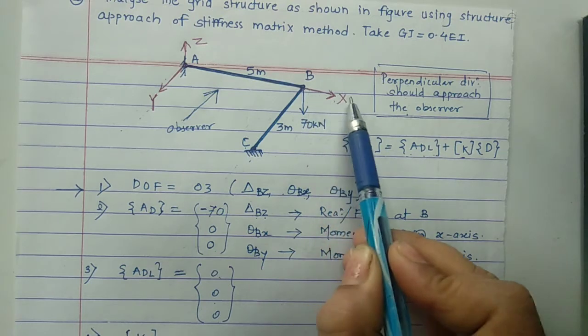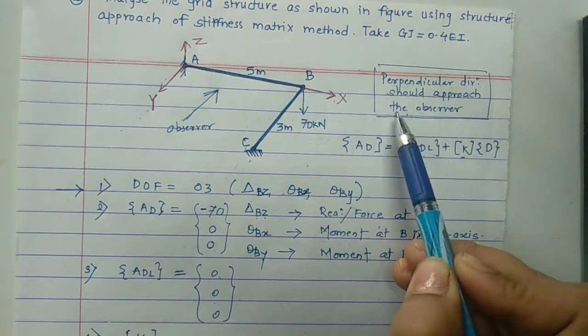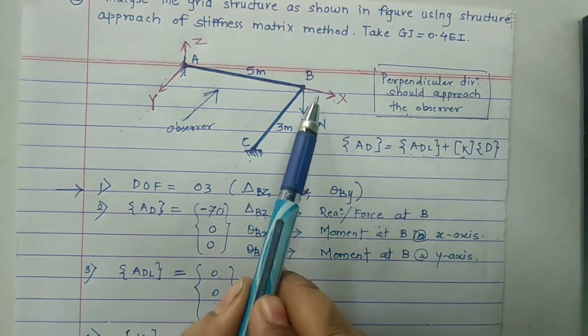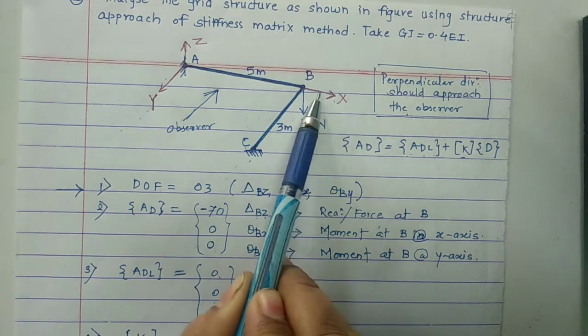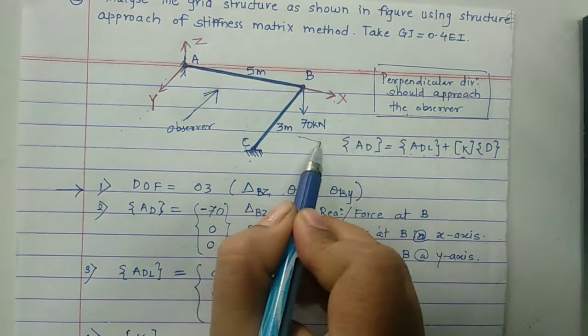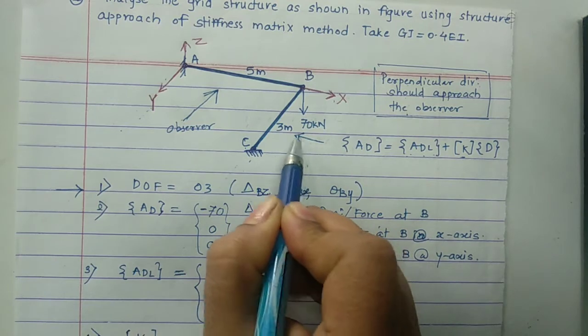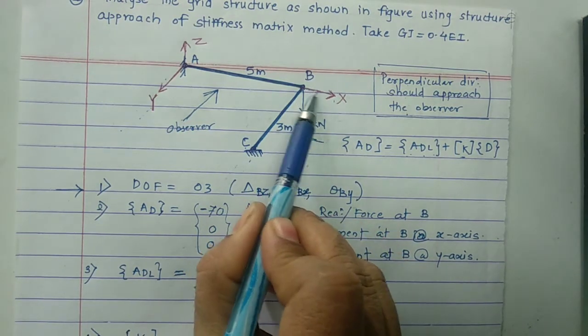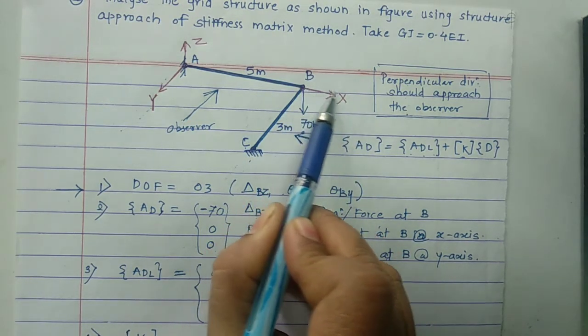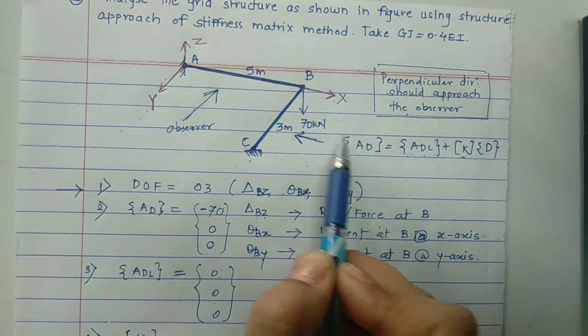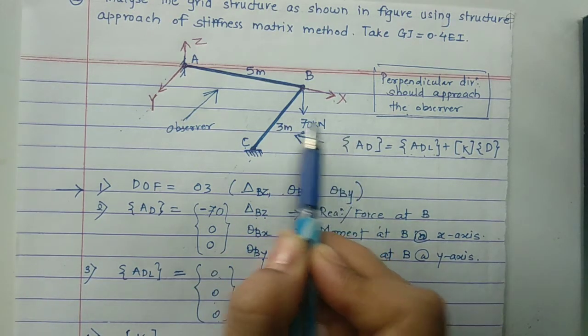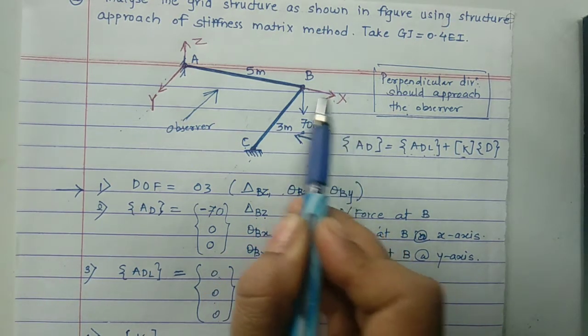So this perpendicular direction should approach the observer. This x axis is coming in this direction, so the observer for this member should be in this direction and should look towards this perpendicular direction.